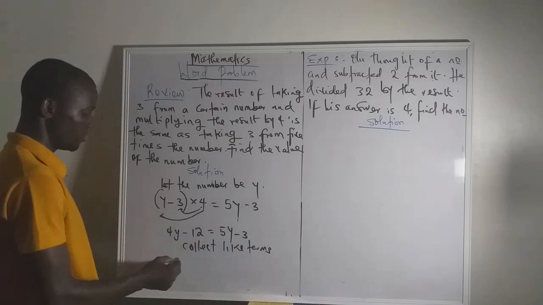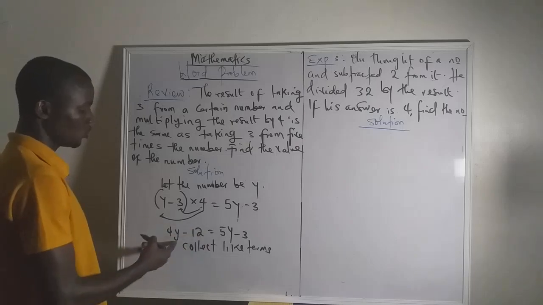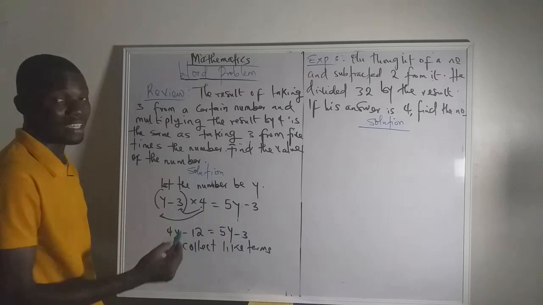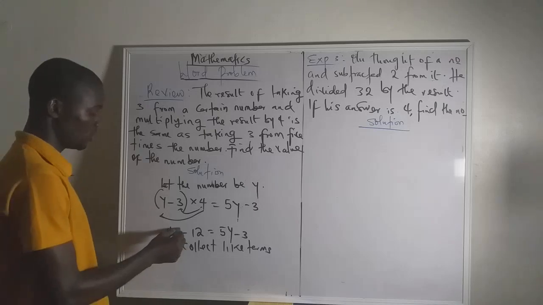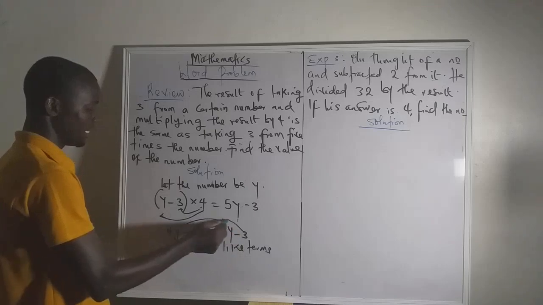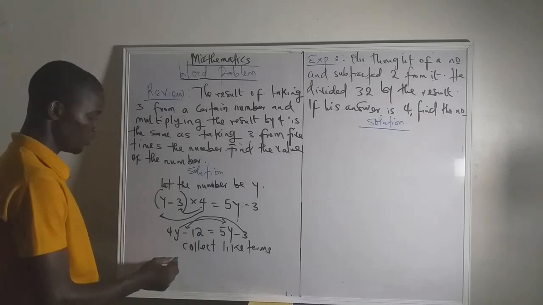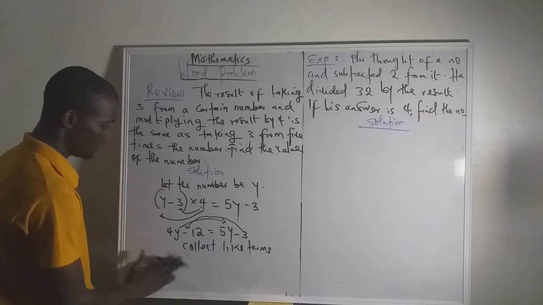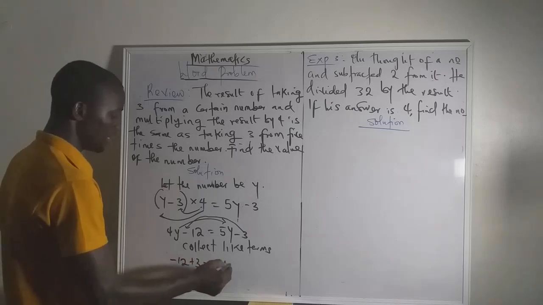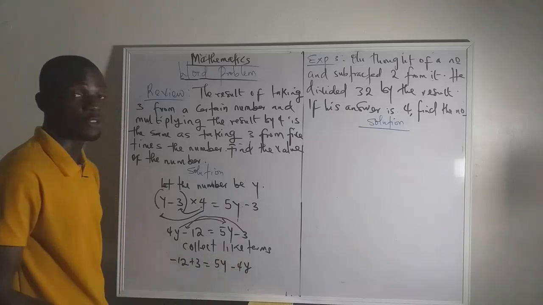And so we have, let's take this one over here and bring this one here. It all depends on what you want to do. So this one could go like this, and this one could come like this. Do you see that? So that's what we are doing. So we are going to have minus 12 plus 3 equals to 5y minus 4y. 5y minus 4y is what?